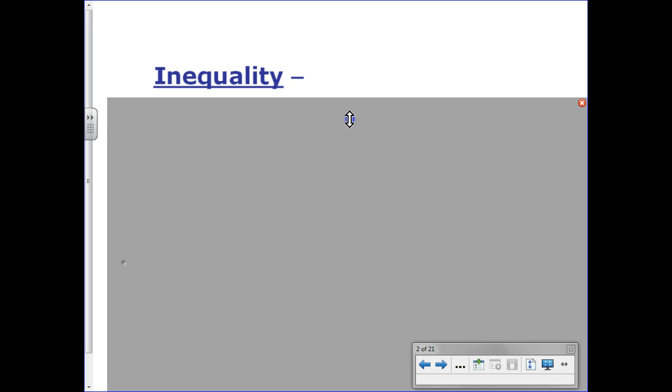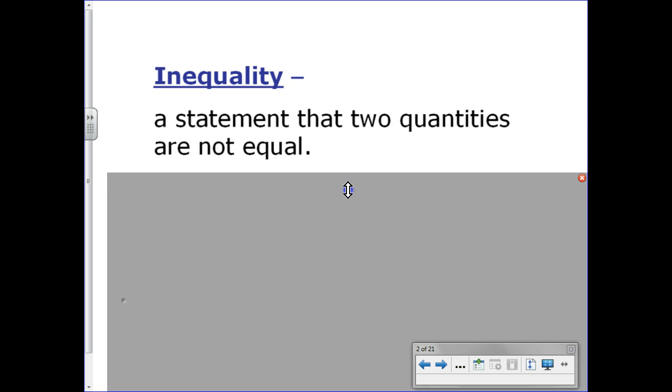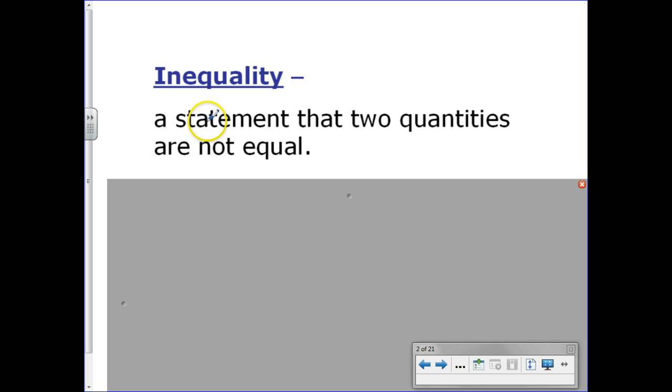What we specifically define it as in math is that it's some kind of statement or a sentence, and basically it's going to be that two of our quantities are not equal to each other. Okay, two quantities that aren't equal to each other.